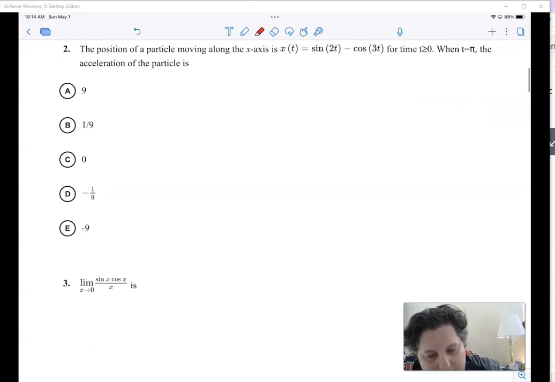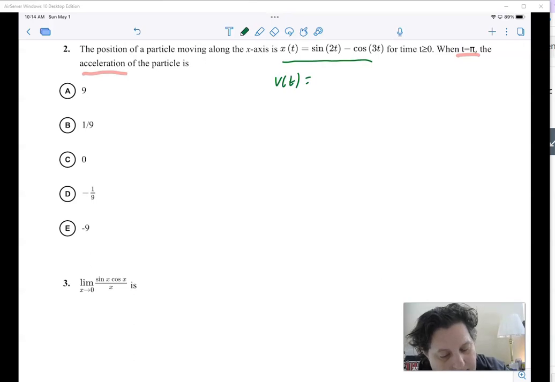The position of a particle on the x-axis is given. When t equals pi, what is the acceleration? Okay, so if that's position, for velocity the derivative of sine is cosine 2t times 2.